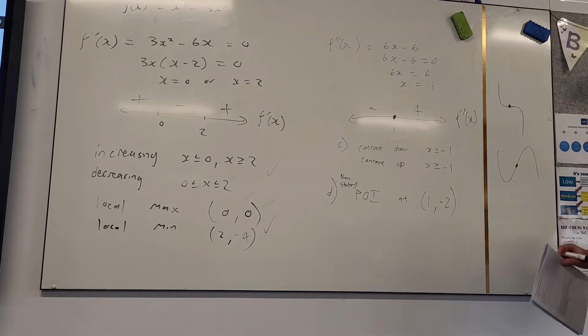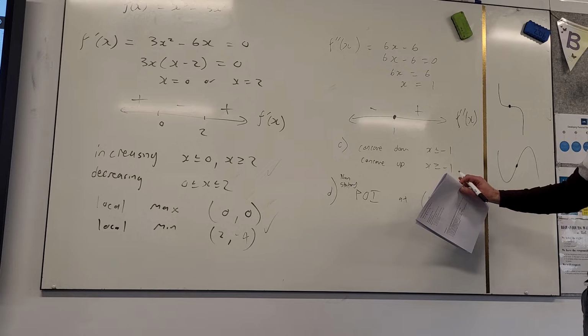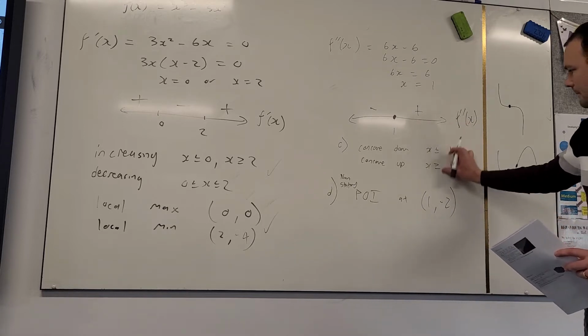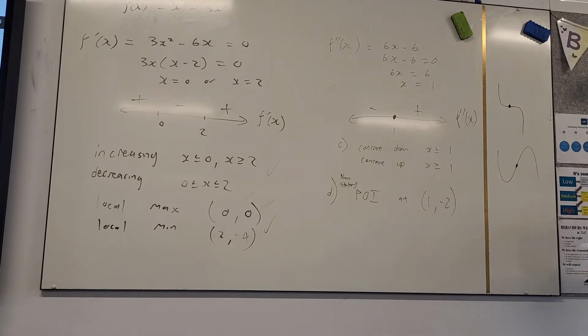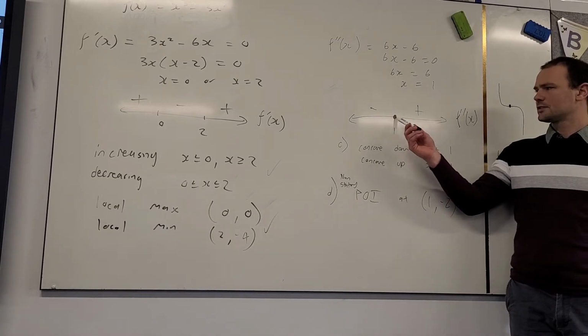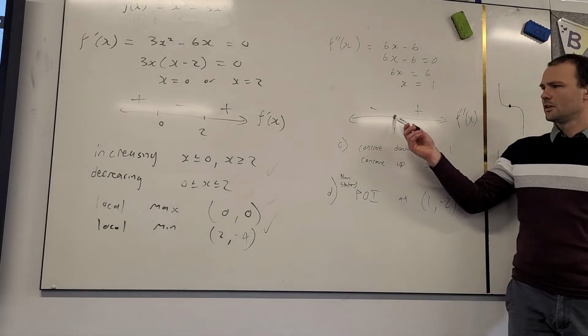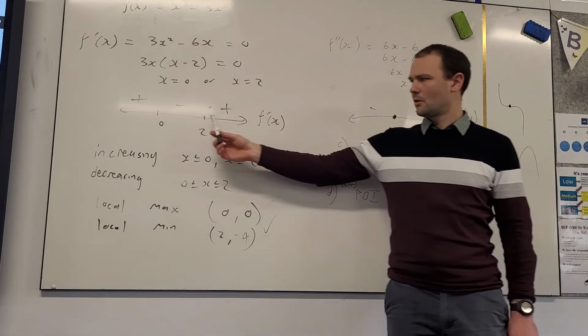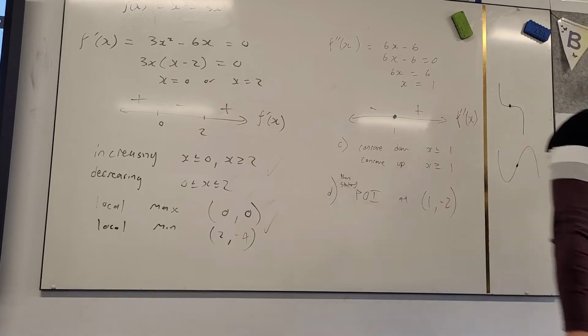With the concave up and concave down, you've written negative 1. Oh, thank you. Yep, good pick up. All right, so just repeat that. Stationary inflection occurs if this coordinate, this root, is also on the first derivative. So that's how you know it's a special case.